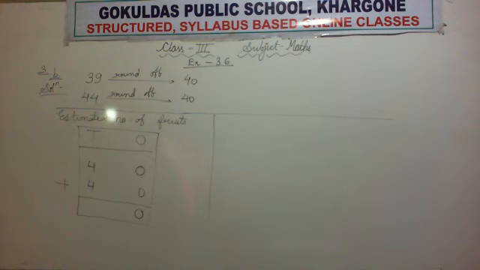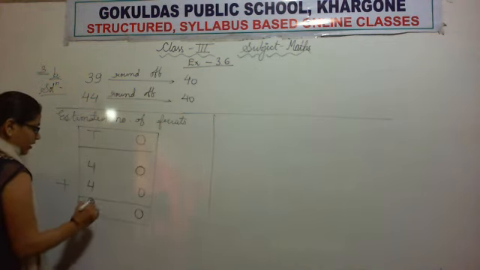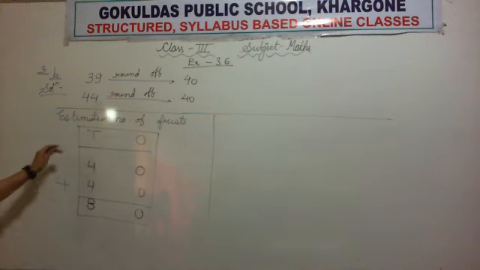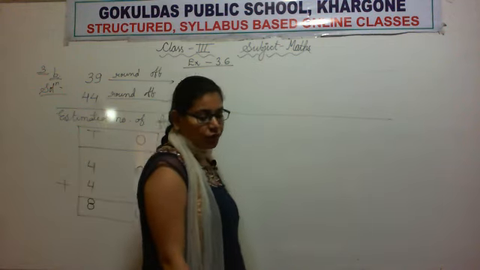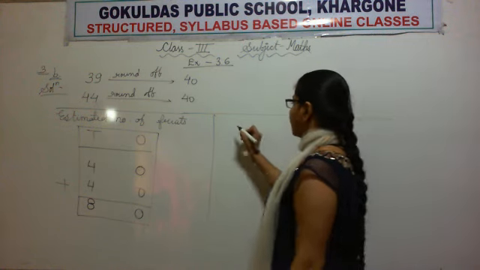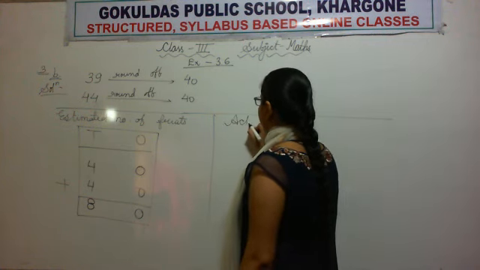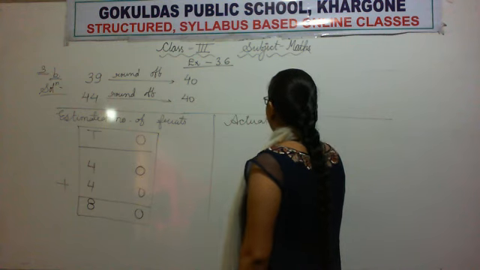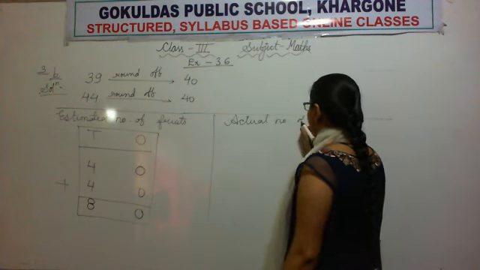How many fingers? 8 fingers. Very good. So we will write the number 8. Now we have calculated the estimated number of fruits. Now let's find out the actual number of fruits.